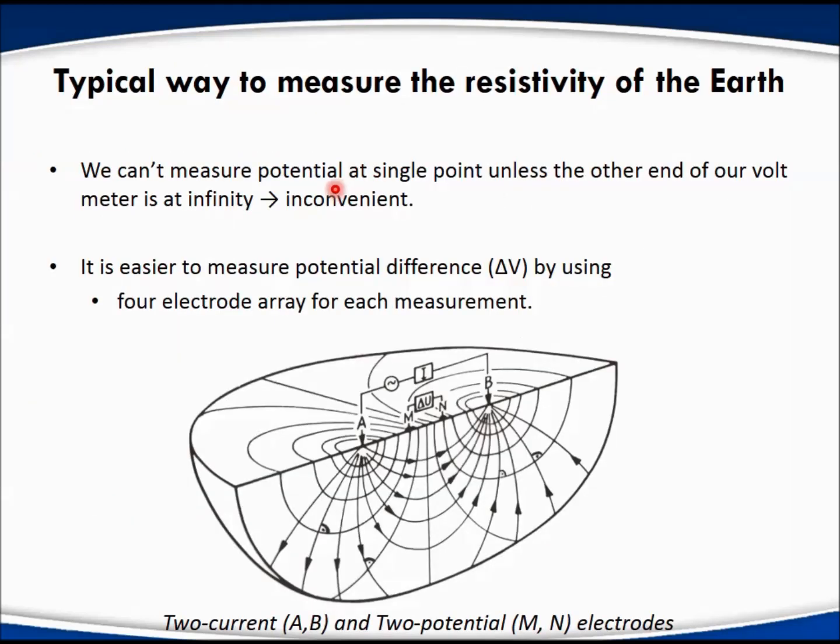The answer is, we actually cannot measure the potential difference if we only use a single potential electrode, because potential difference can only be measured if two points of voltage are located at different distances from the current electrodes, unless you put the other electrode at infinity outside the current electrodes. Hence, it is easier to measure potential difference at a certain distance by using a 4-electrode array like below. A and B here represent the current electrodes, while M and N here are the potential electrodes.